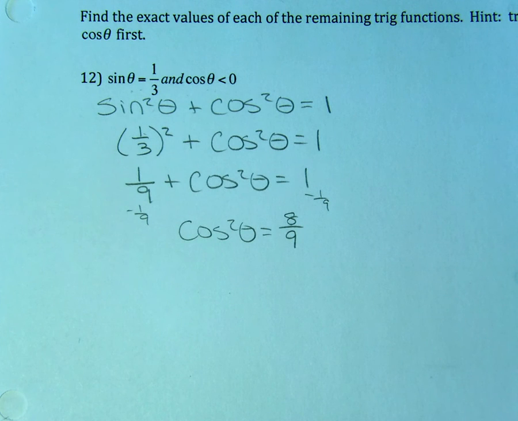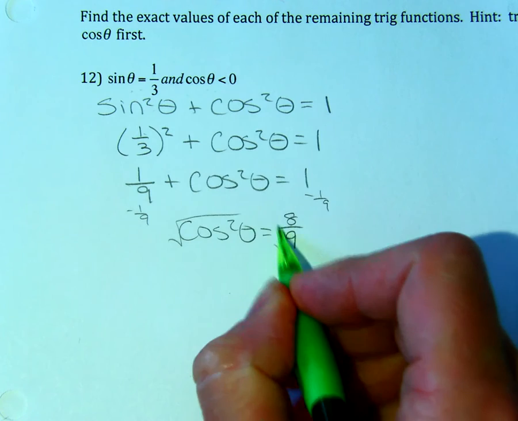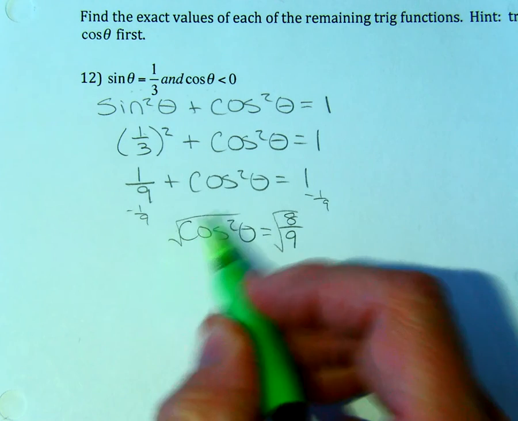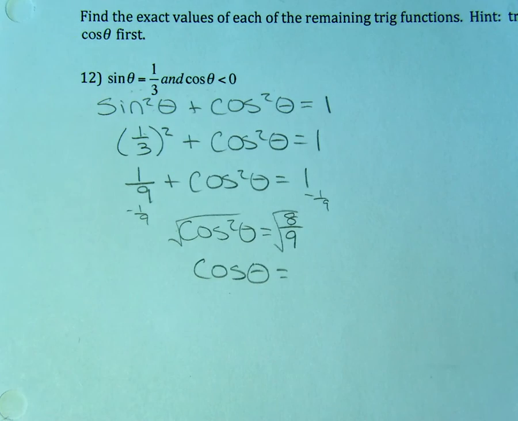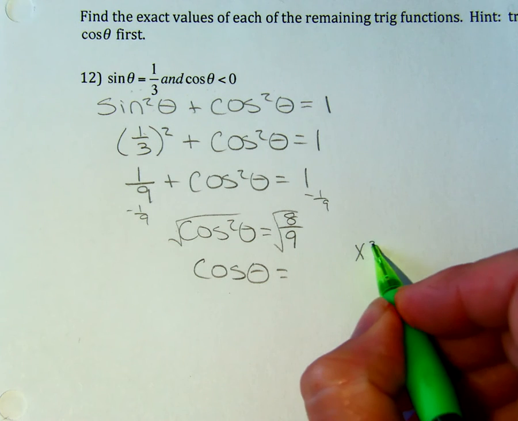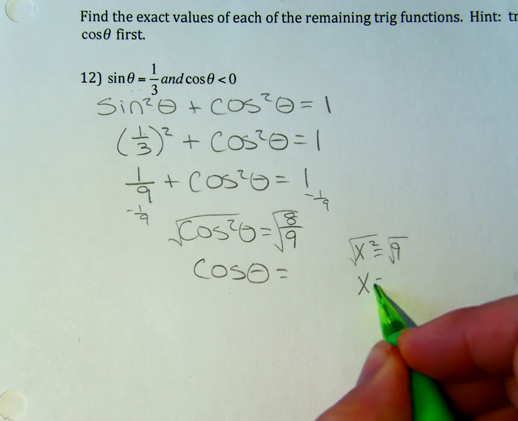Now again, I'm still looking for cosine, but I have cosine squared. Well, how do I get rid of a square? What's the opposite of squaring something? Square rooting. So we'll square root both sides. So the square and the square root kind of cancel each other out. Now, if you remember back to algebra, if you had something like x squared equals 9 and you did the square root of both sides, you had to do x equals plus or minus 3.